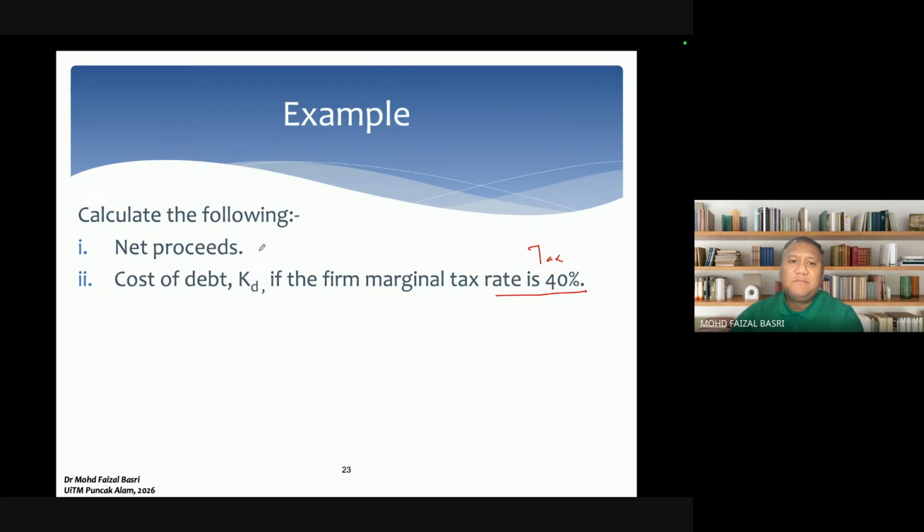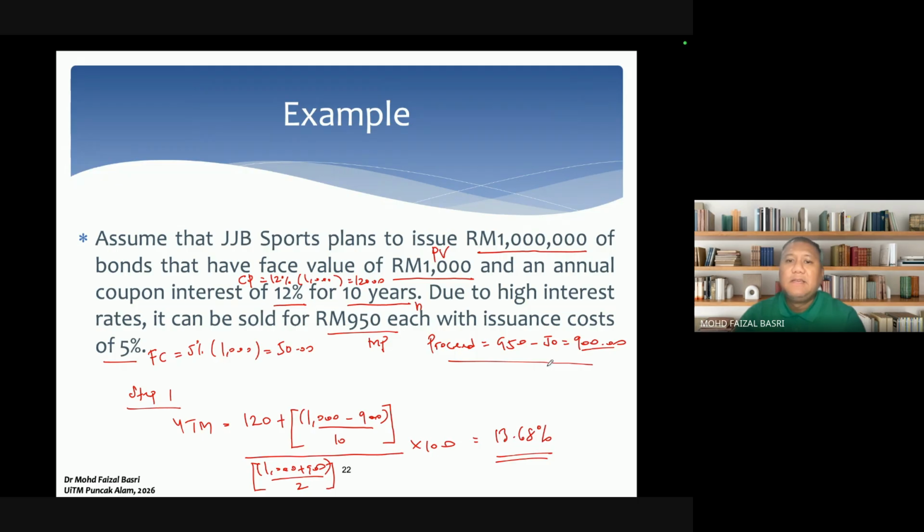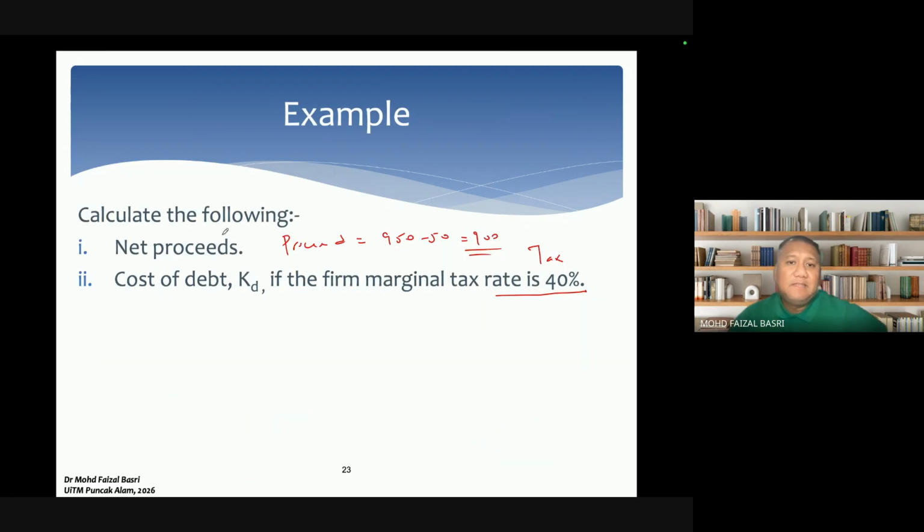So this question asks to calculate the proceed. The proceed we already calculated next to this. So the proceed technically would be 950 minus 50, so it's 900 ringgit. We defined this here earlier. But it asks, so we calculate again. But now, the actual task is to find the cost of that.